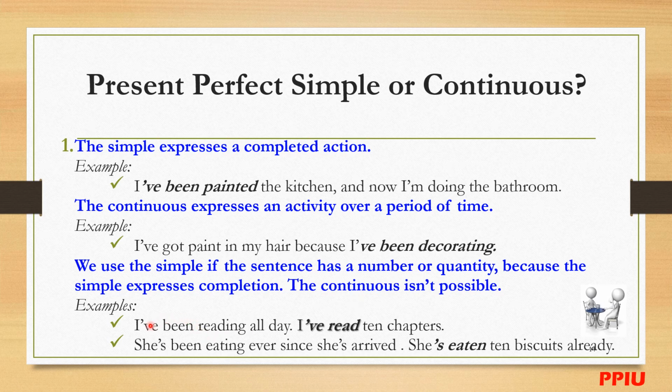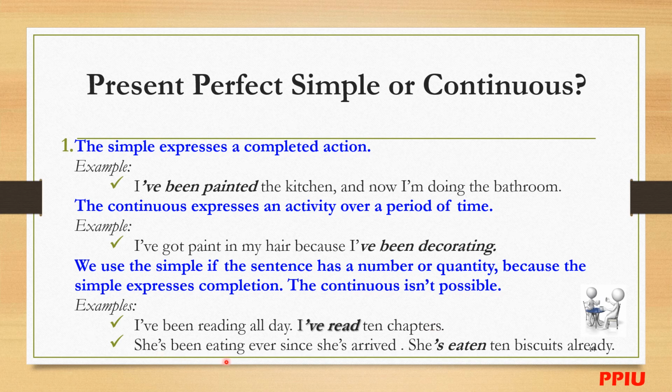For example, I've been reading all day. We cannot know whether it finished or not yet, but I've read 10 chapters. Okay, 10 chapters. Then I have finished 10 chapters now.